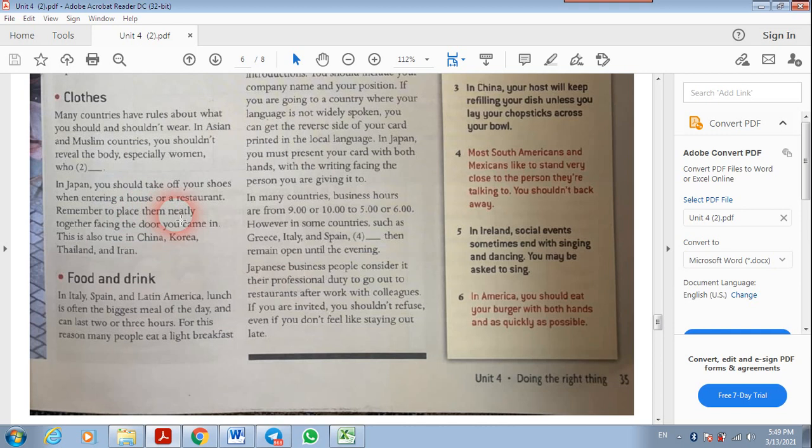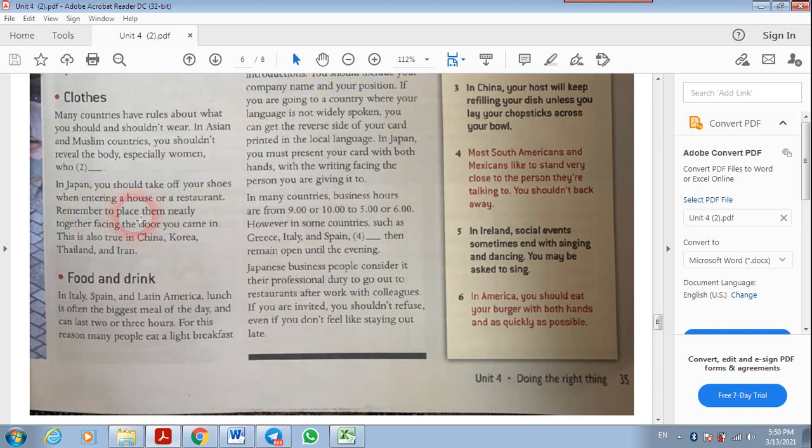Remember to place them neatly together facing the door you came in. Remember to place. Place here is a verb. Place them. What are they? Japan? No. Shoes? Yes.